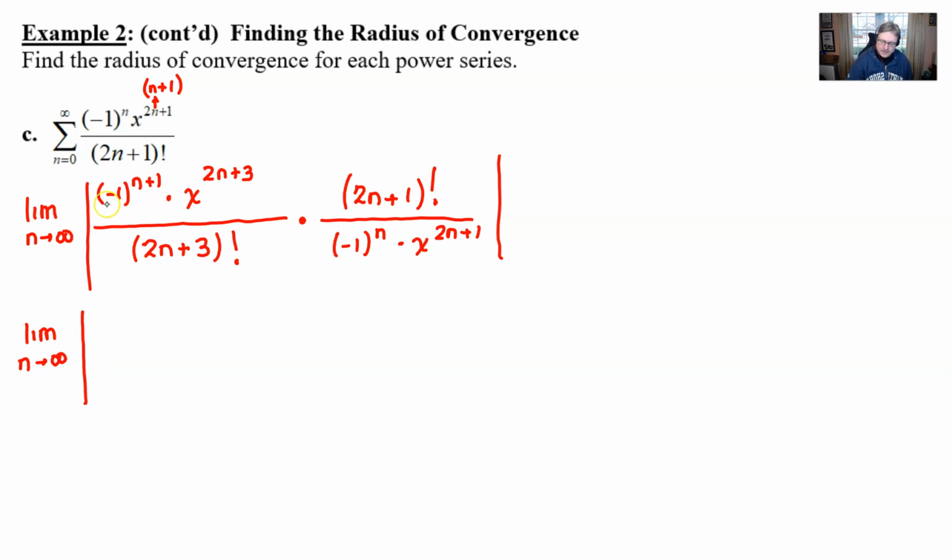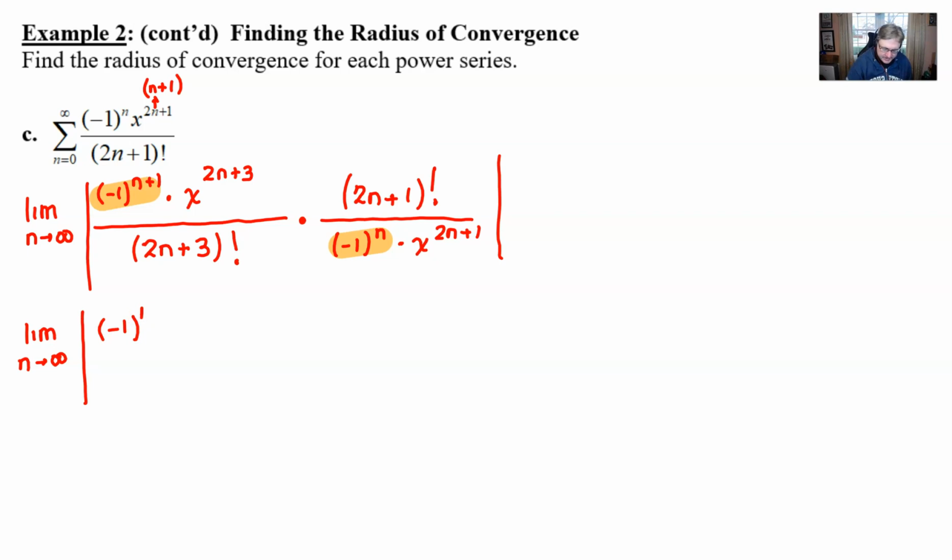So first of all, the negative 1 to the n plus 1, I'm going to highlight those pieces here in the orange, and let's see how those might reduce. We see that n plus 1 minus the n is going to be just a positive 1, so we would have negative 1 to the first hanging out on top.